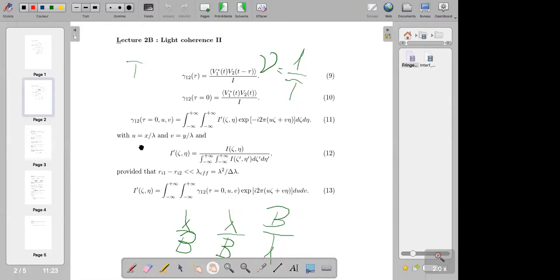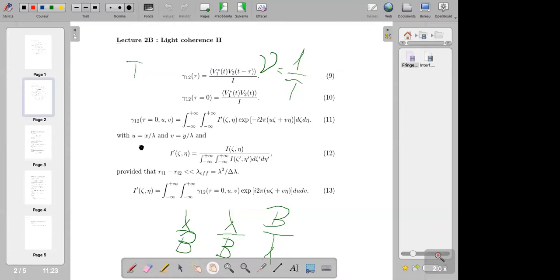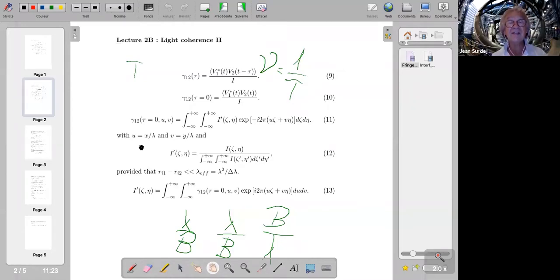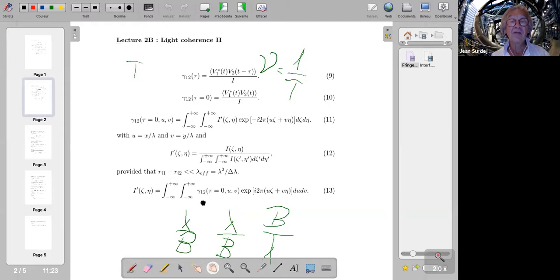Well, for VLTI, you only have 4 apertures, which means that you get 6 independent measurements of a complex degree of mutual coherence, namely the module, but you may also take advantage of the phases, and we'll come to that later.